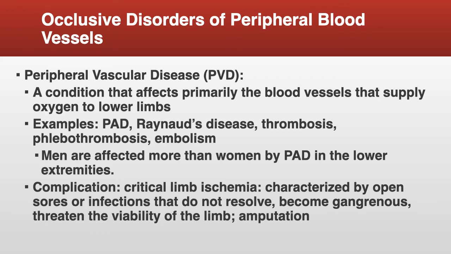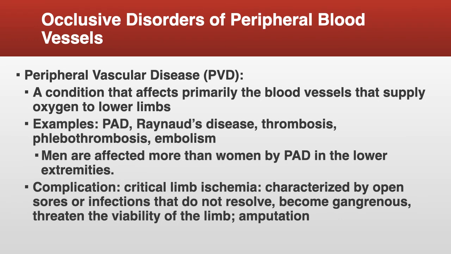So now we're going to talk about occlusive disorders of peripheral blood vessels. So this is your peripheral vascular disease known as PVD. This is a condition that affects primarily the blood vessels that supply oxygen to our lower extremities. Examples of this are your PAD, your Raynaud's disease, thrombosis, phlebothrombosis, and embolism.